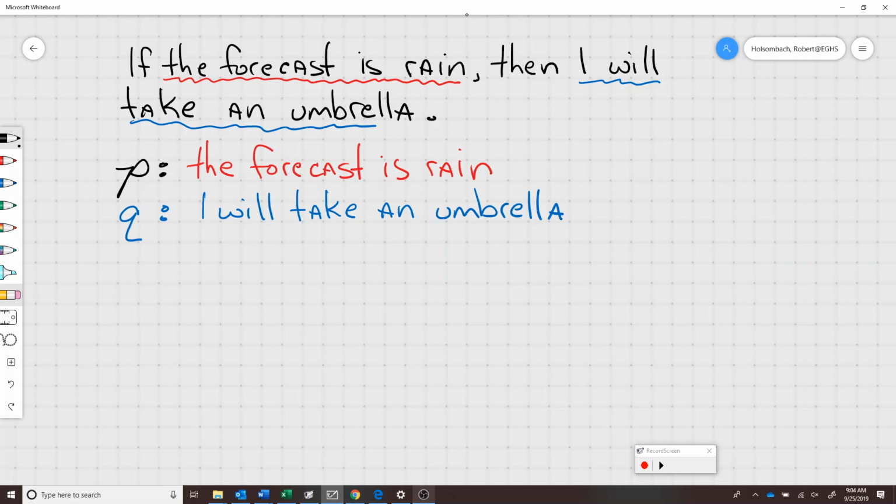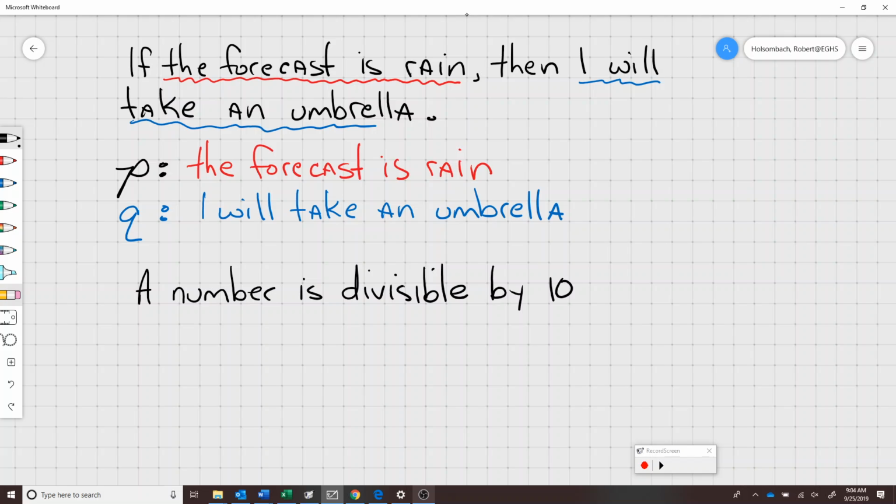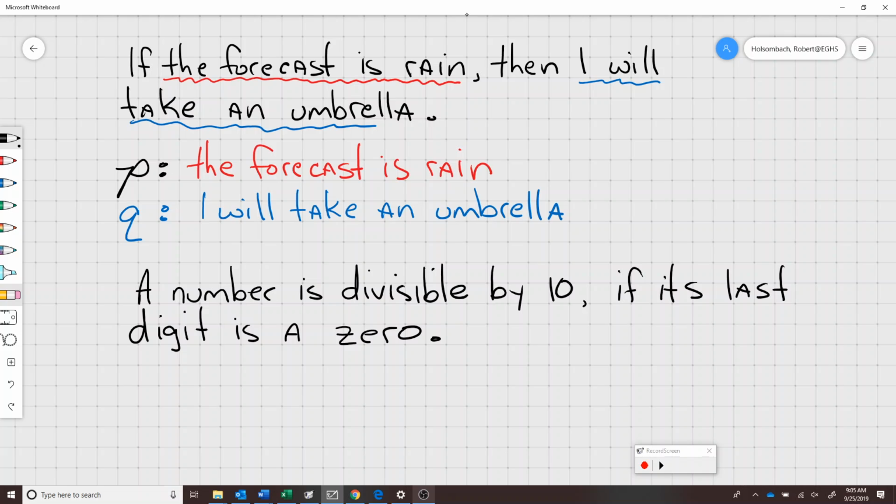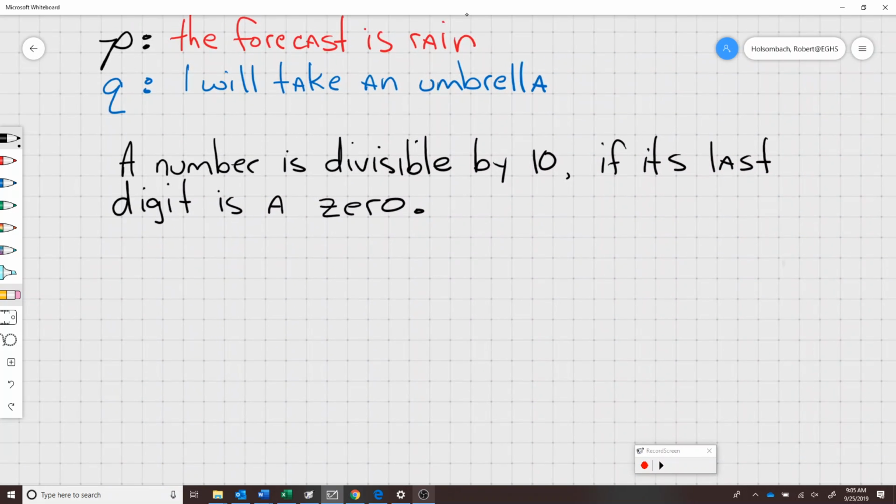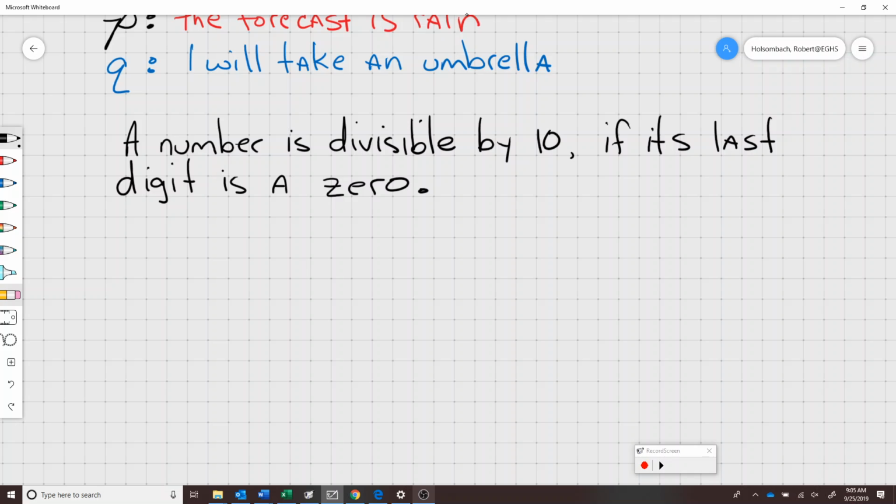A number is divisible by 10 if its last digit is a 0. And again, you're asked to identify the hypothesis and the conclusion.